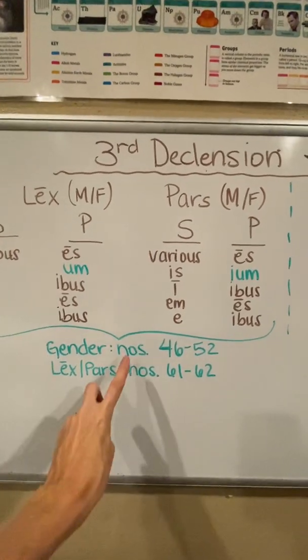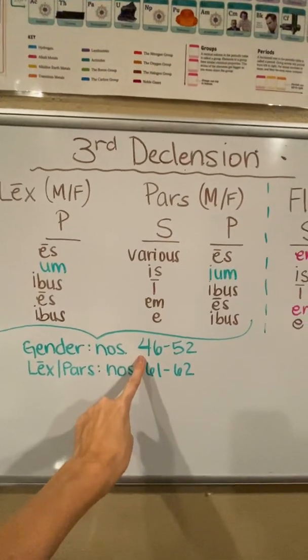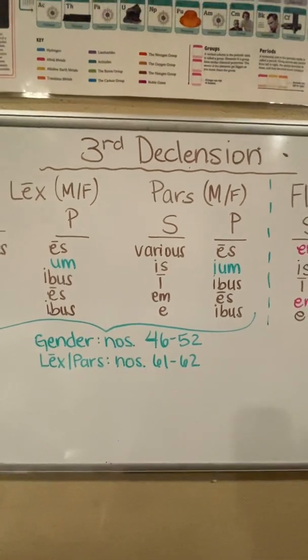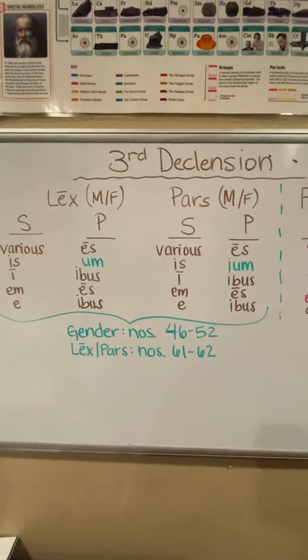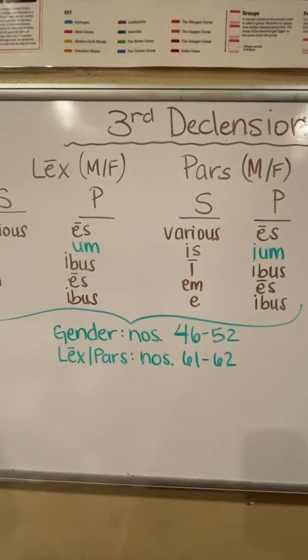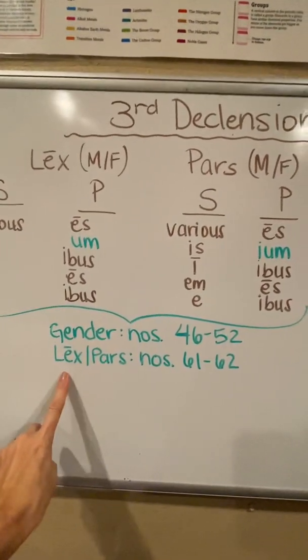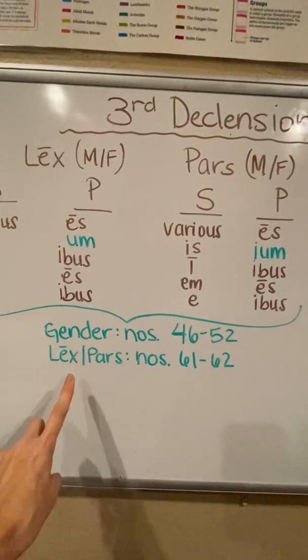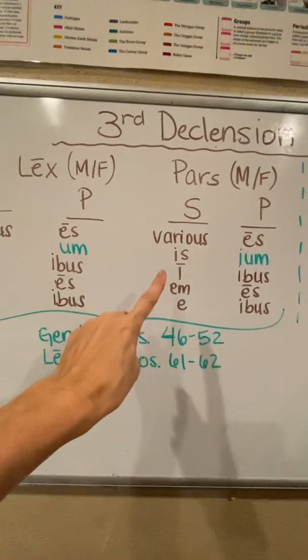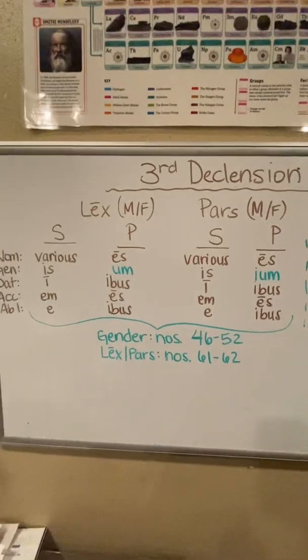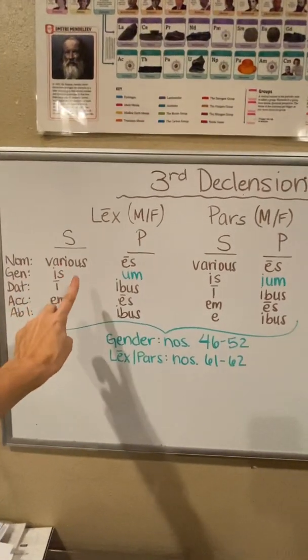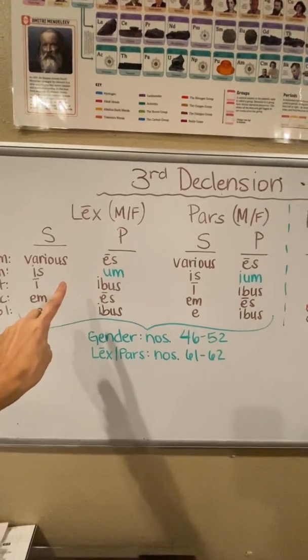Once you've learned those grammar rules, you'll be able to determine masculine, feminine, or neuter, and then reflect that. And then finally, you'll also recognize that there are rules about which declension, lex or pars, vocabulary words belong to, because you'll notice that these have some differences, and really they're very minor, and I'll show you that in a minute.